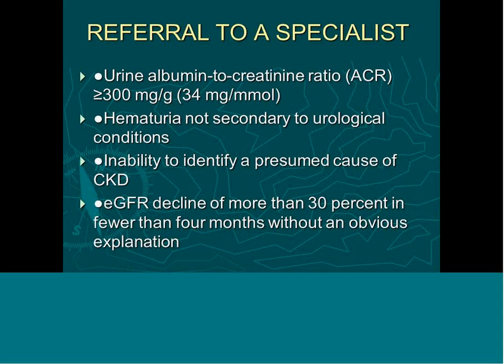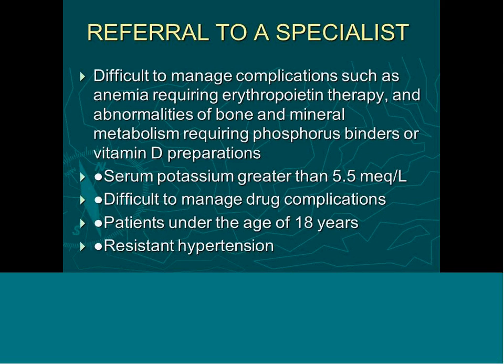If the GFR declines by more than 30% in 4 months without an obvious explanation. To manage complications such as anemia requiring erythropoietin therapy, abnormal mineral metabolism requiring phosphate binders and vitamin D preparations, or serum potassium above 5.5.